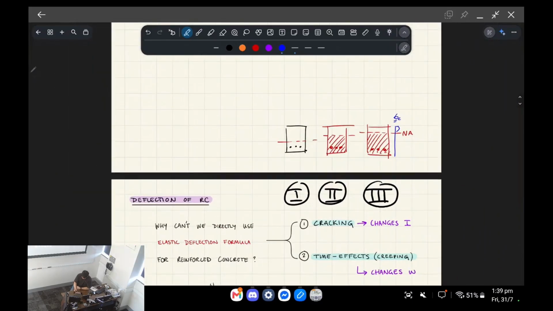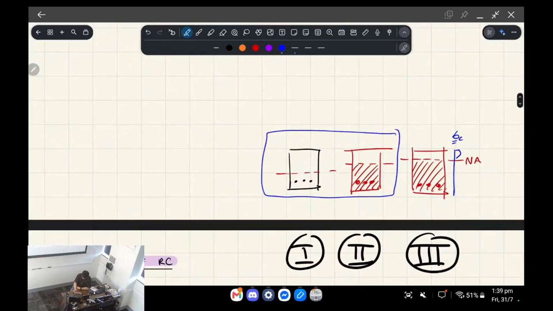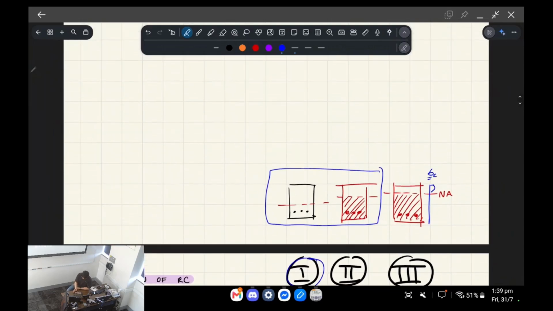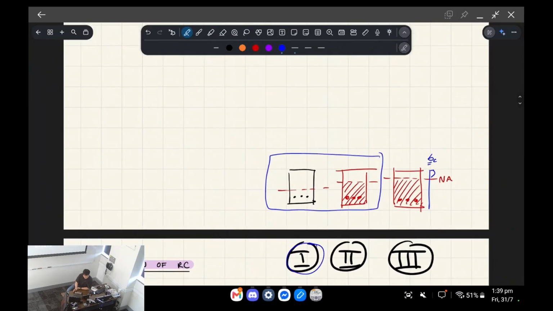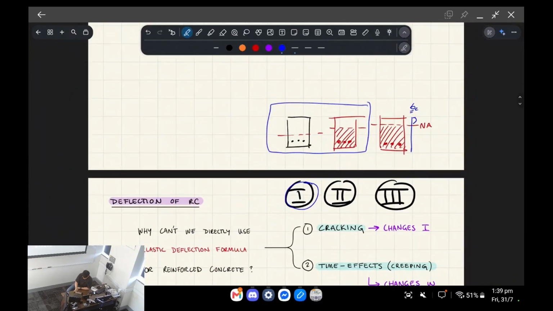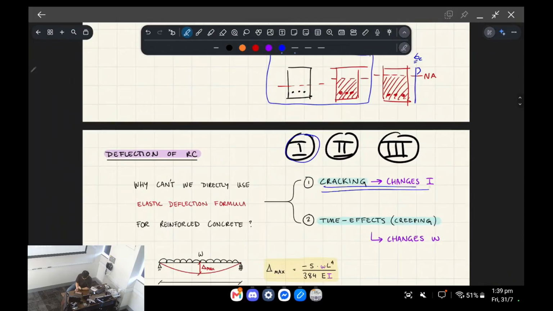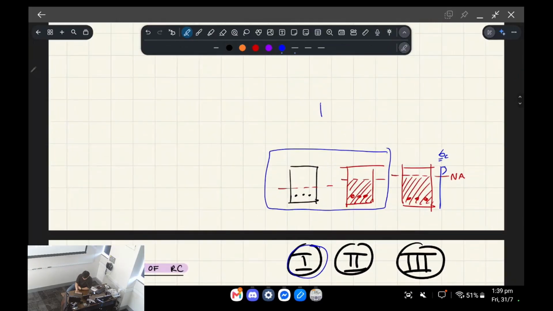So when we're dealing with serviceability, we're operating in this region between the uncracked stage and the cracked stage, and both stages are elastic. Concrete can crack and still be elastic. So we have to deal with cracking. The idea is we're going to work out the effective moment of inertia, and it's going to be a linear interpolation between these 2 stages.